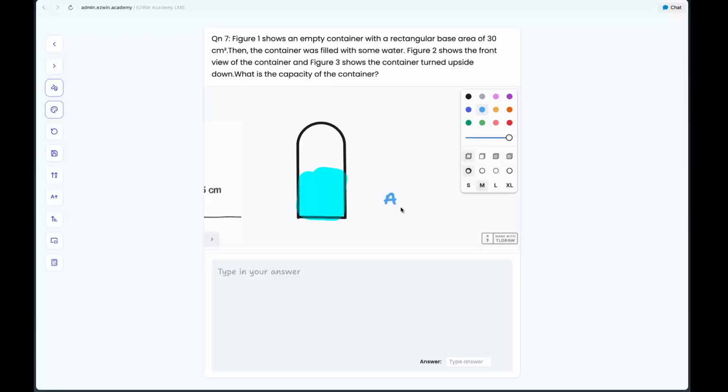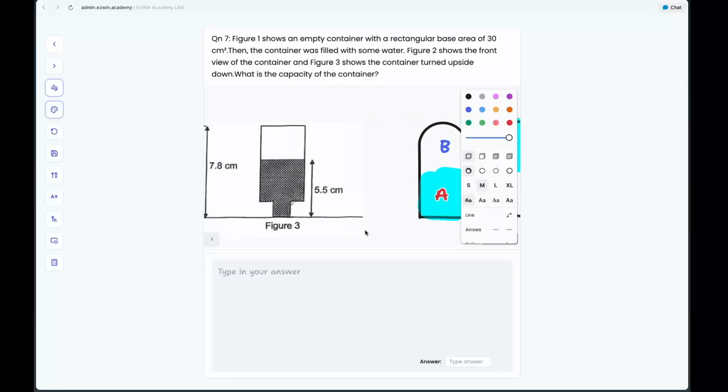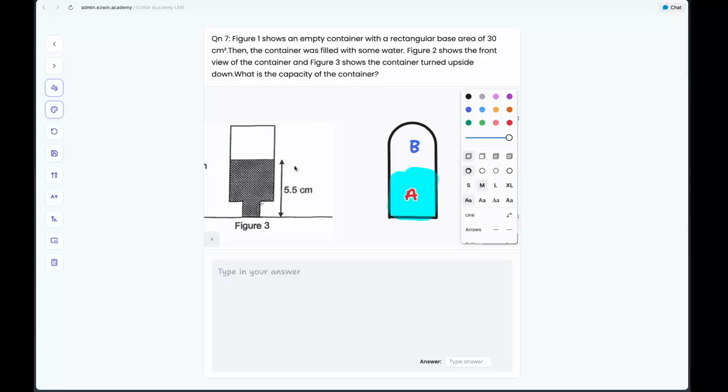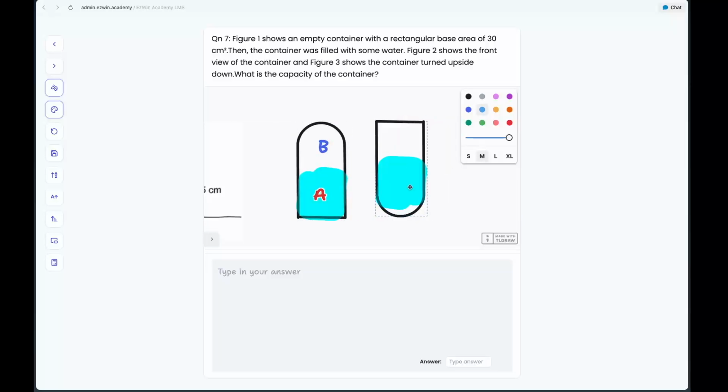We split the two parts into A and B. If we flip this container upside down, then this A might have a different height, but is the volume the same?